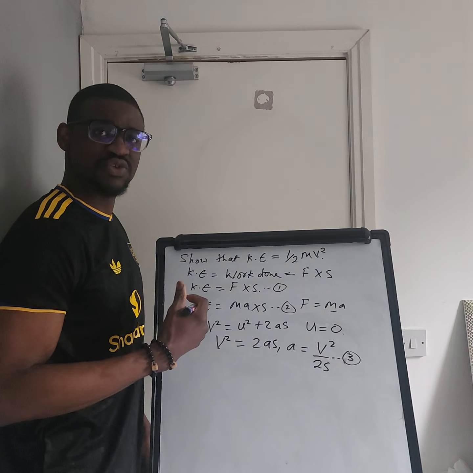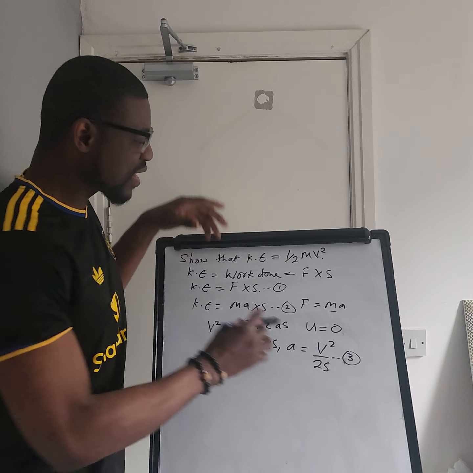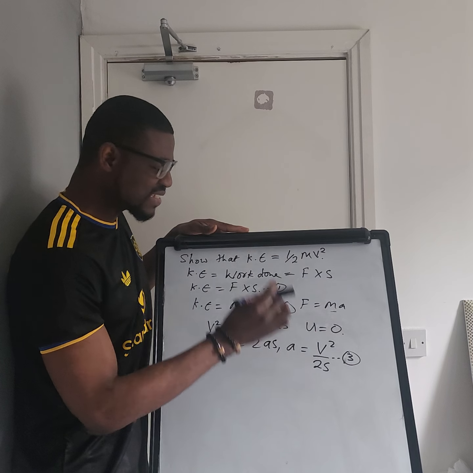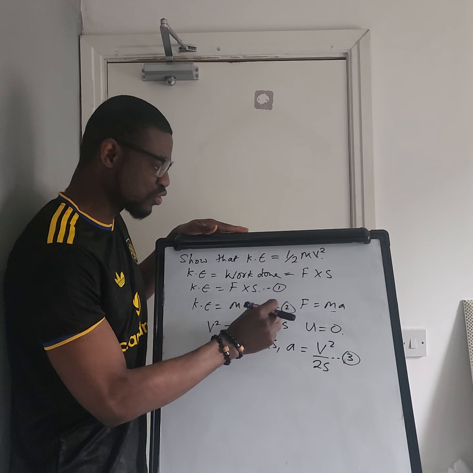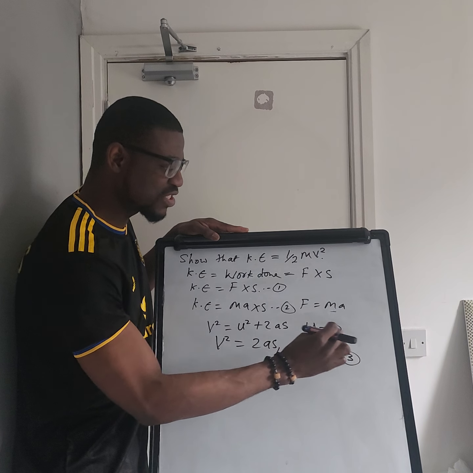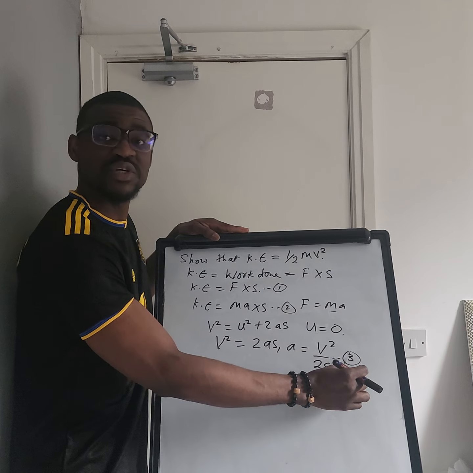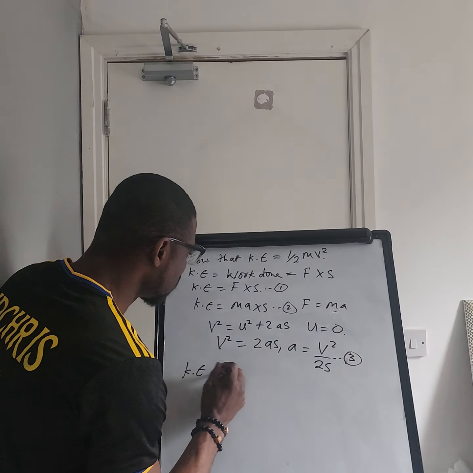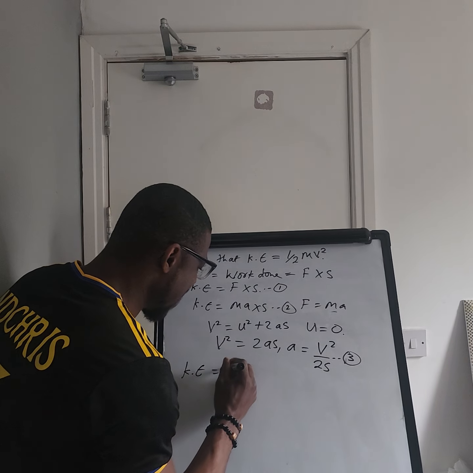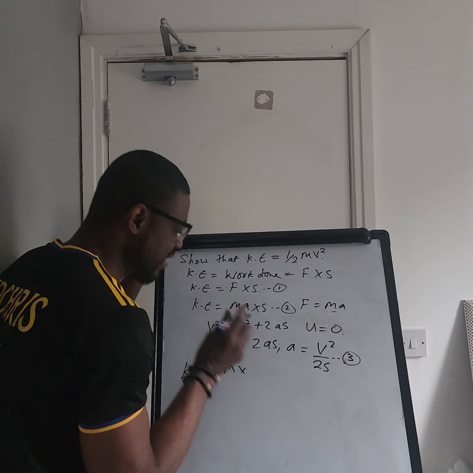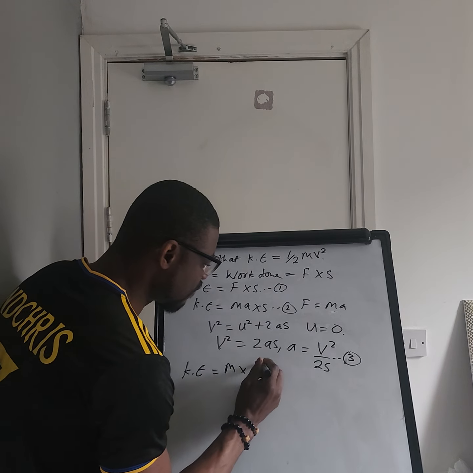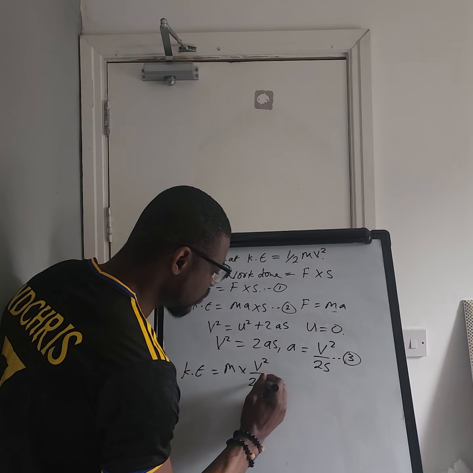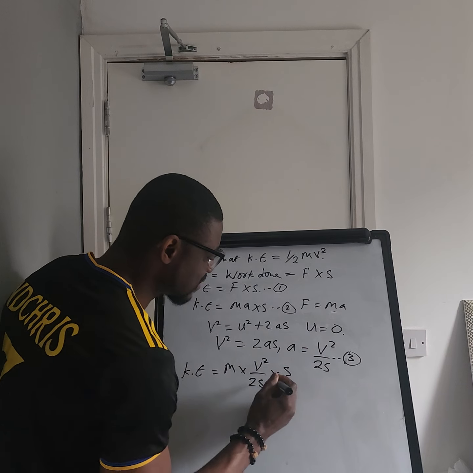You can see what I've done so far. So what I just need to do at this juncture is to replace a in equation 2 with v squared all over 2s from equation 3. So this kinetic energy becomes m from here times a, which is now v squared all over 2s, multiplied by s.